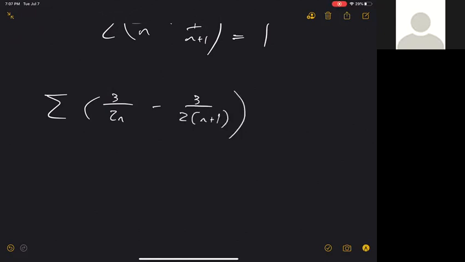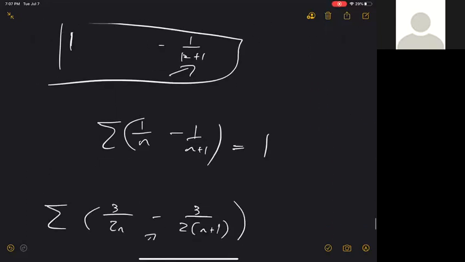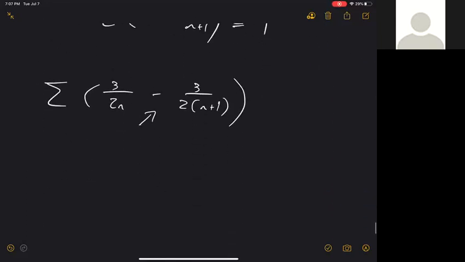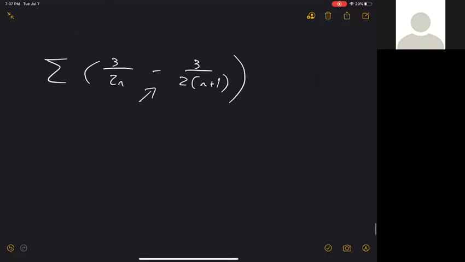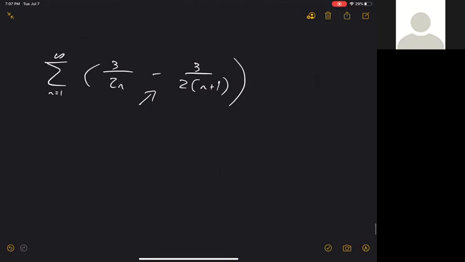Okay, so maybe I see this and I feel like it's a telescoping series, because it kind of looks like my previous example of the telescoping series, right? It's a similar form. So I would start by writing, if you have that suspicion, write out several terms. So if my series is starting at 1, I just kind of made this up on the spot. Let's make sure it is a telescoping series.